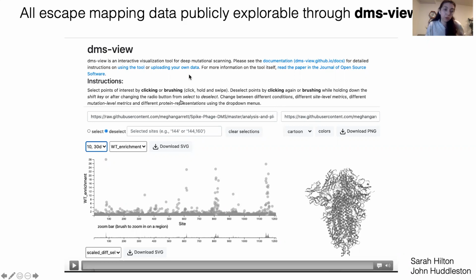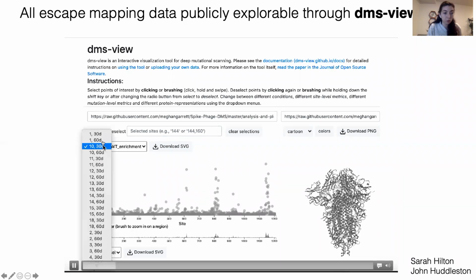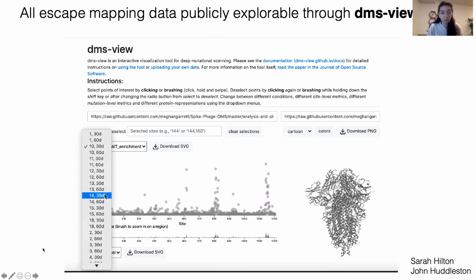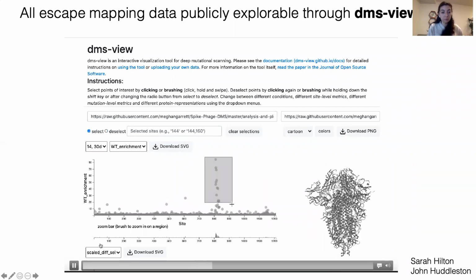You can upload your data onto this site and have it be publicly explorable. I've uploaded the data for all of the patients and all of the different time points. You can select a certain patient and time point and highlight the sites of interest, and this is just showing wild type enrichment here.